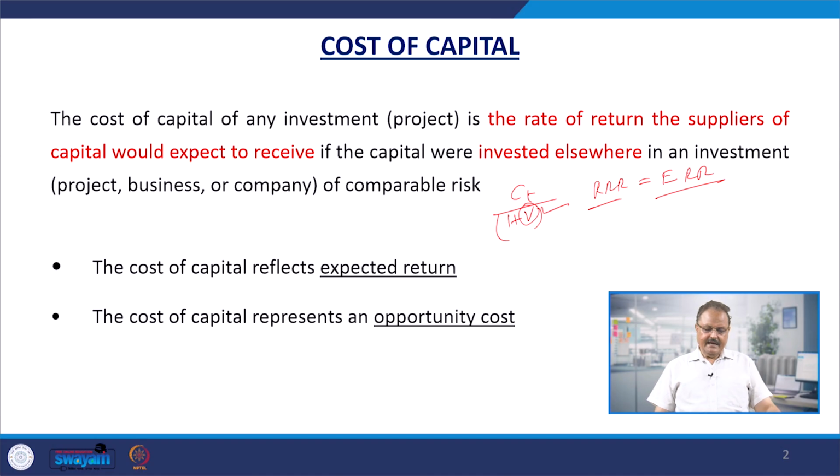But if it is equal, NPV would be 0, and if the expected rate of return is more than the required rate of return, certainly NPV would be positive, and in that case the internal rate of return available, maybe you call it the expected rate of return, from that investment would be equal to or more than the required rate of return, and then we will say yes, we can make the investment because we are getting either zero NPV or positive NPV, or the internal rate of return is at least equal to the required rate of return. So we'll go ahead with that.